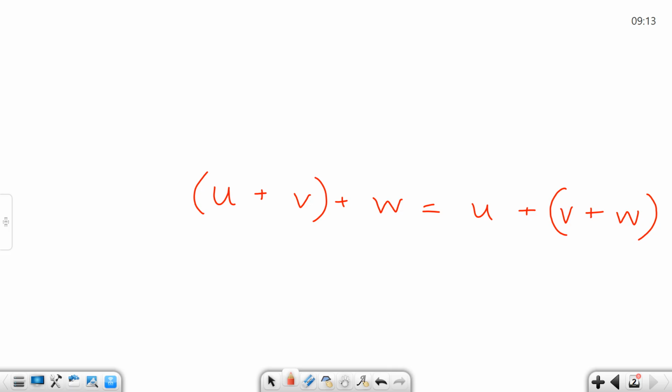V has a 0 vector. V also has an additive inverse. And what you'll notice about those 5 axioms is that they all deal with addition.